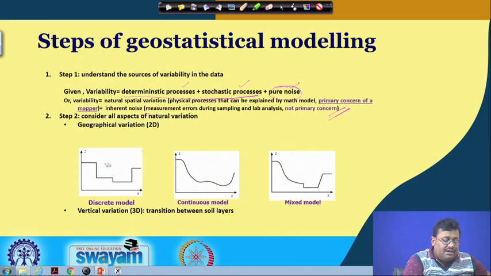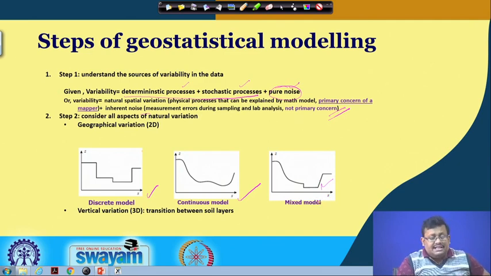When the value changes discretely along with the increasing distance, we call it a discrete model. When the value changes continuously along with the increasing distance, we call it a continuous model, and the mixed model shows the combination of both the discrete model and the continuous model.